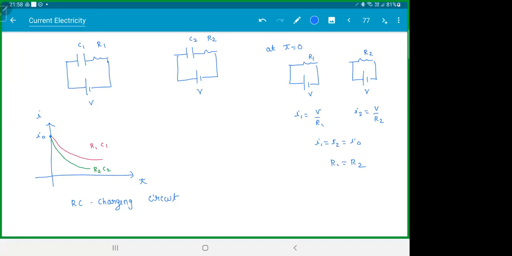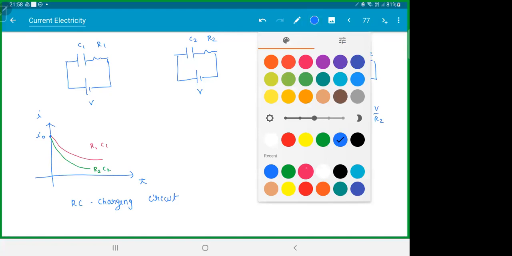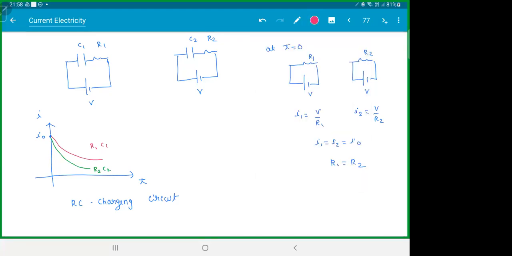What about C? Can you tell me who has a bigger time constant? Again, what is time constant? Time constant is the time when the value of the current becomes 63% lesser, so 0.37 I0. So you tell me, who is decreasing faster?